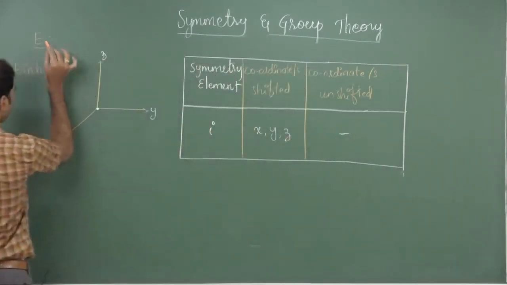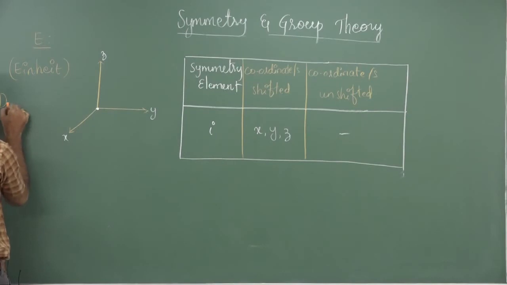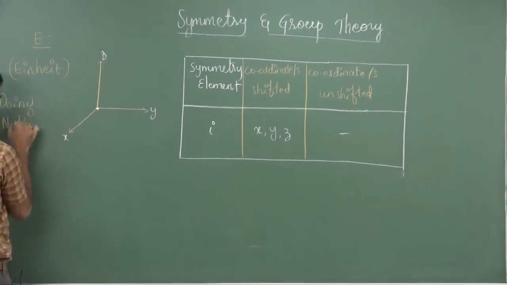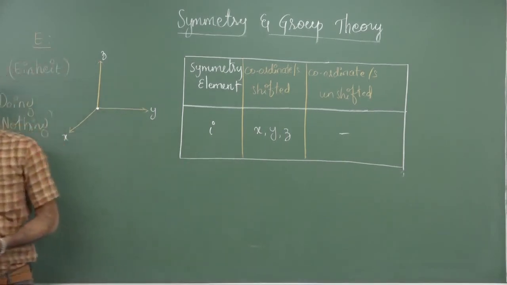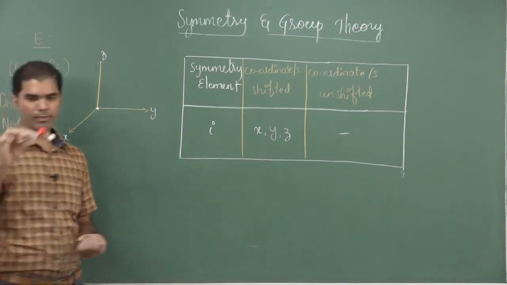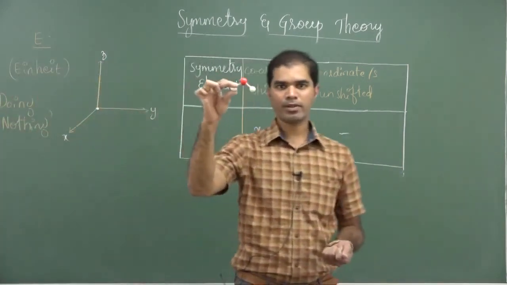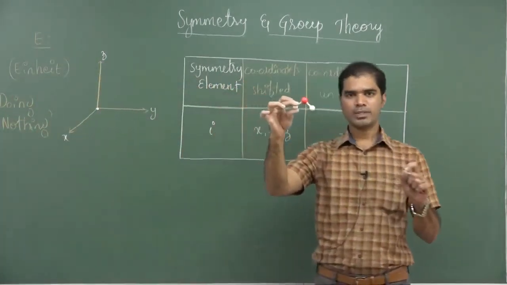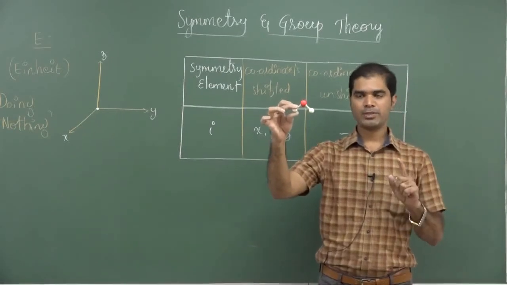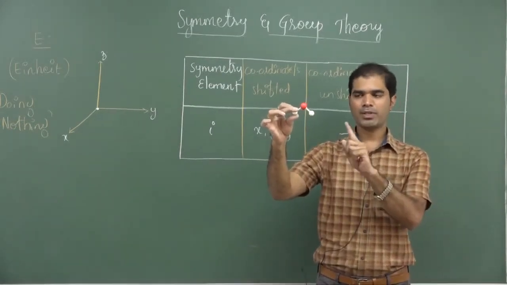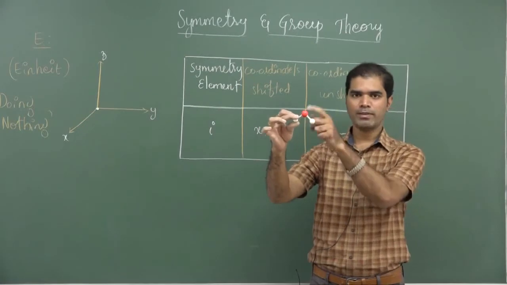or you simply call it a doing nothing operation. What is the identity element? It is a doing nothing operation. Suppose I am holding a water molecule, you just do nothing on this, let it be there. You don't try to rotate imaginatively, you don't try to reflect, you don't try to invert.